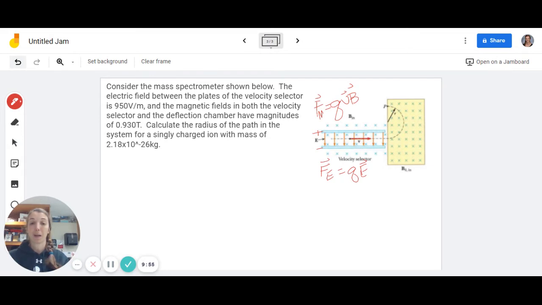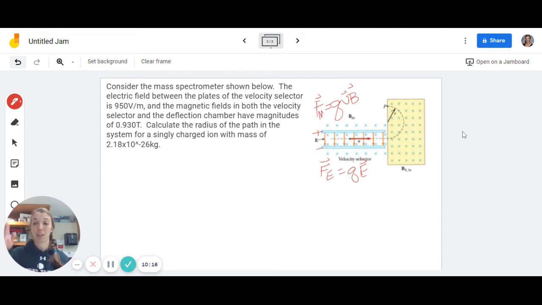We can also see that a positive charge would be forced downward by the electric field because positive charges follow the electric field arrows.